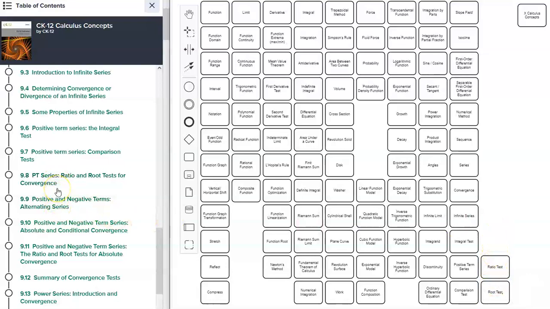I'm guessing these tests can be used for other things as well. Maybe not, but we will leave out the word convergence because we already have it here. Positive and negative terms. Alternating series. Oh, and here's another type of series. Put it right next to this one. Alternating.